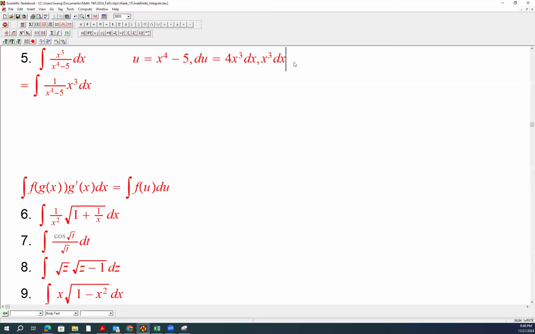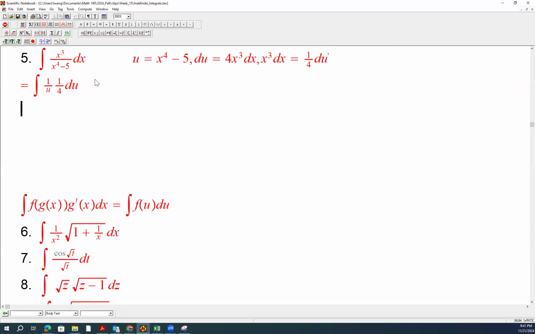If you divide both sides by 4, we will get a quarter du, because all we do is solve on both sides for x raised to the power 3 times dx. So this part is u, and x raised to the power 3 times dx is replaced by a quarter times du. That's how the substitution is done.